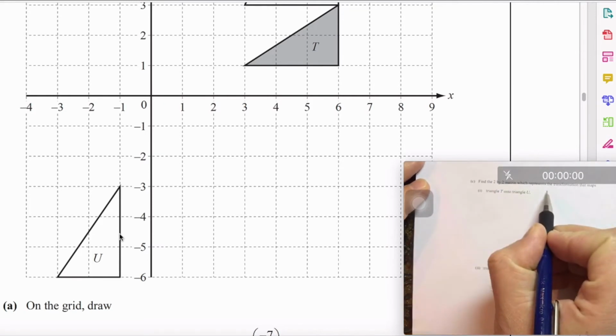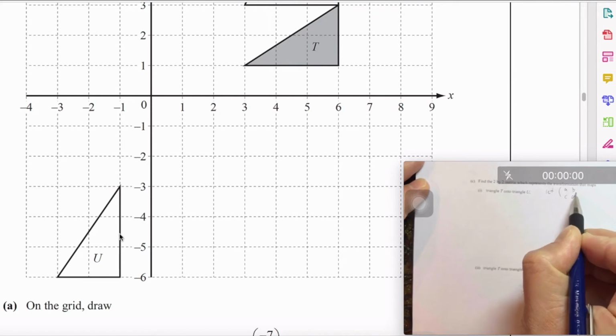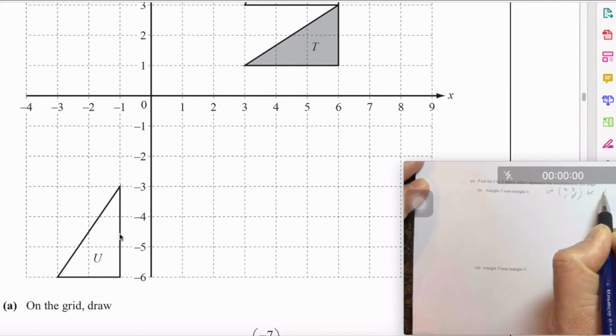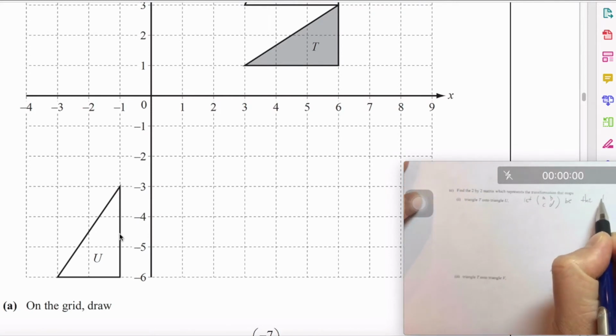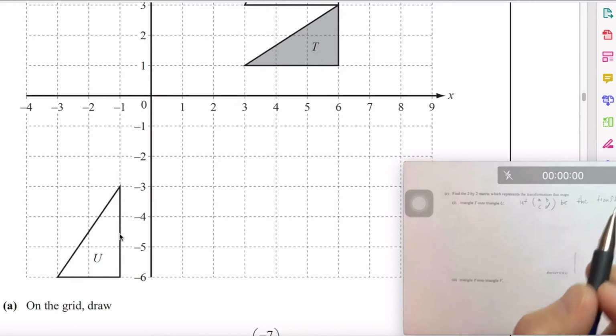So let A, B, C, D be the transformation matrix. Now I would like you to take exactly the same steps to find the matrix.